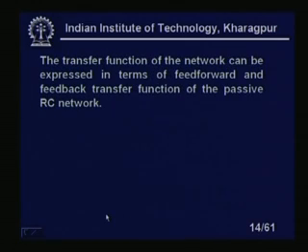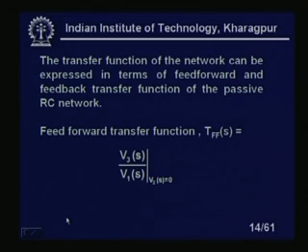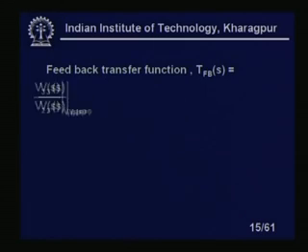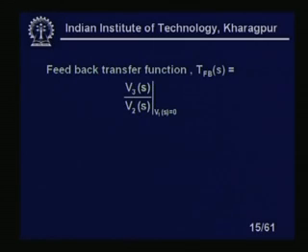The transfer function of the network can be expressed in terms of the feed forward and feedback transfer functions of the passive RC network. Feed forward transfer function TFF(S) equals V3(S) upon V1(S), making V2(S) equal to 0. Feedback transfer function TFB(S) equals V3(S) upon V2(S) when V1(S) equals 0.